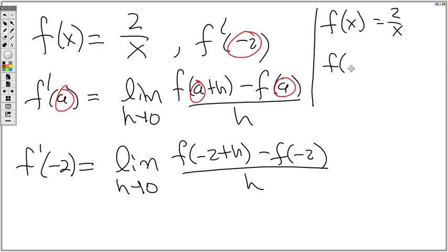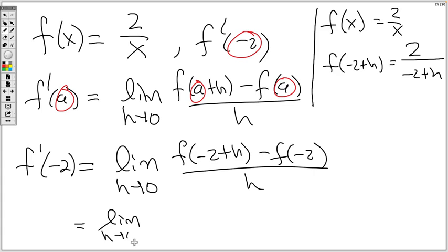What's f of negative 2 plus h look like? That negative 2 plus h is going to go where? In the denominator. So it's going to be 2 all over negative 2 plus h. You with me or not? That whole thing goes in there. f of negative 2 is 2 over negative 2, all over h. Okay. Everyone see where all the pieces parts are coming from and how they're getting all plugged in.